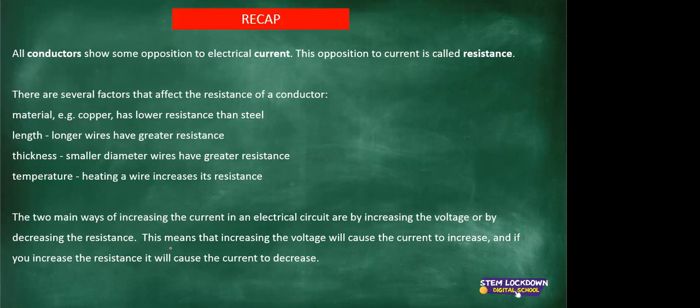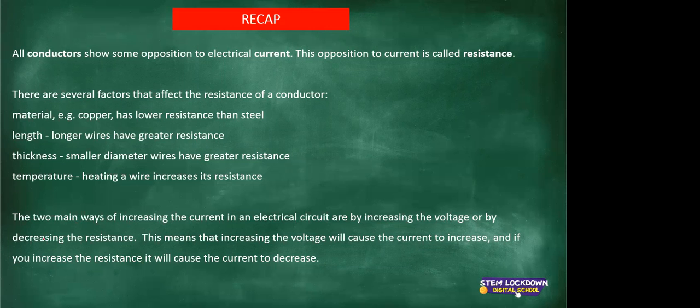I did explain it, so I don't have to read this to you, but I'll read it anyway, just to reinforce it. Increasing the voltage will cause the current to increase. A decrease in the resistance means that the current will also increase, but if you increase the resistance, then the current will decrease.